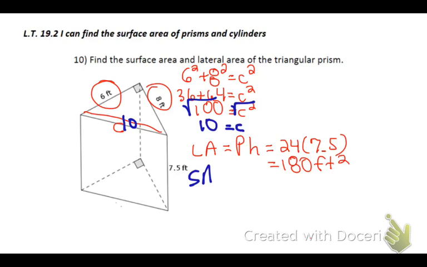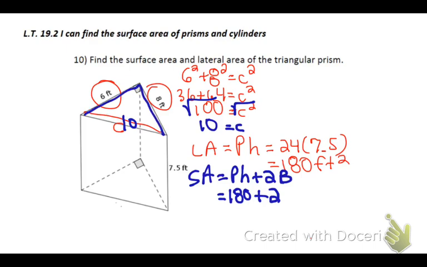Then we're going to do surface area, which is Ph, and then we also have to add in the bases. So it's 2 times the area of the bases. That's going to be 180 plus 2, because there are 2 different bases, times the area of the base. Now this is a triangle, and whenever it's a right triangle, the area is 1/2 base times height. The base and the height are the 2 legs, not the hypotenuse, but the 2 legs of the right triangle.